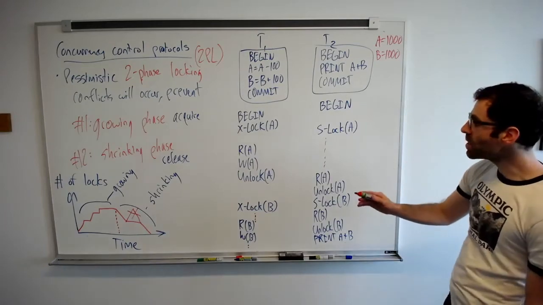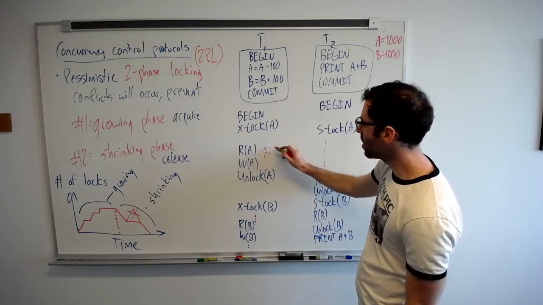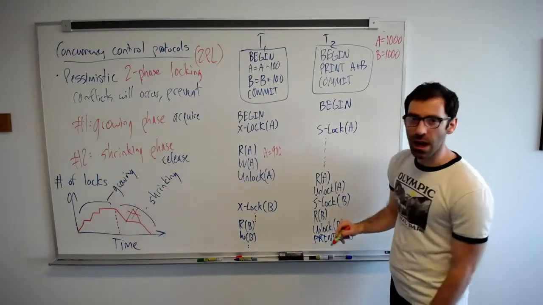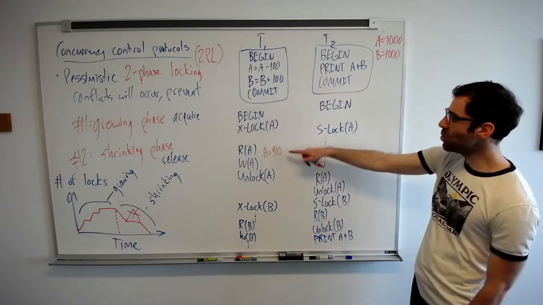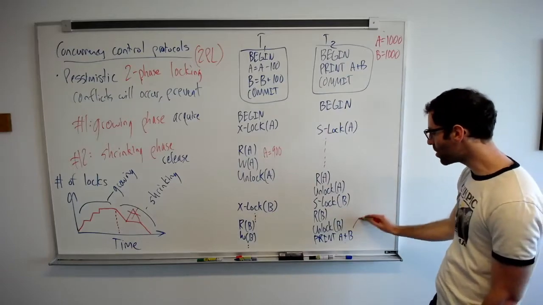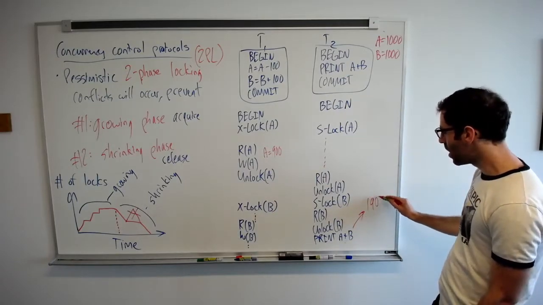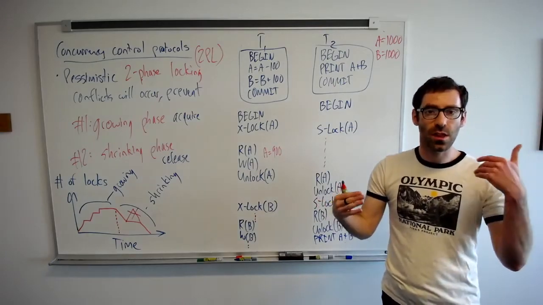But what has happened here is that this made A be 900. And so the A that T2 was able to read was 900, but the B that it read was 1,000. So what gets printed out is 1,900, which is inconsistent.